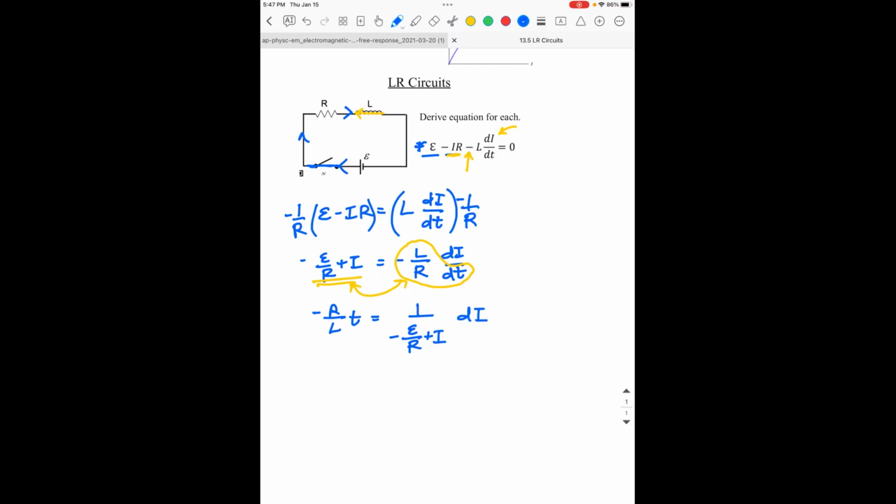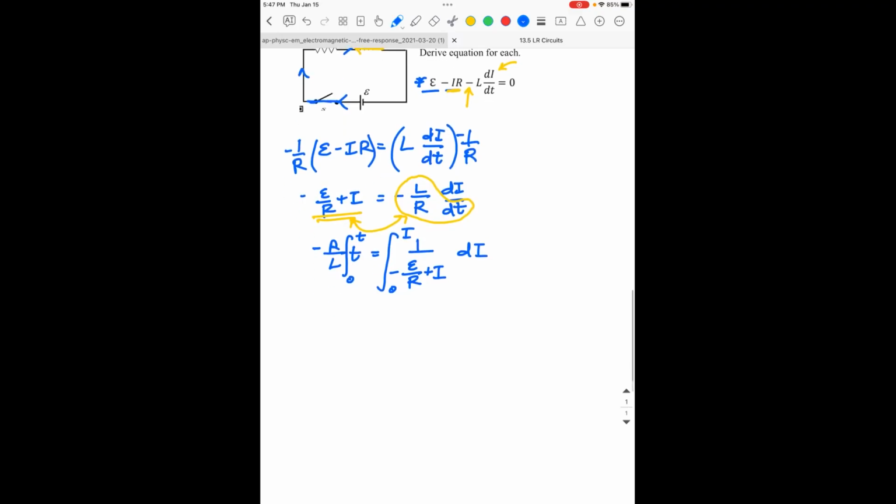And then I'm going to integrate from 0 to t and from 0 to I. Now, in this scenario, oh, I forgot this should be a dt, not a t, because I'm integrating dt, which just leaves me with t, and I end up with a negative R over L t. On the right side, I have 1 over this expression with I in it, and that gives me ln of that expression. I'm going to write it down as I minus EMF over R because it looks prettier. And then I can include my limits from 0 to I.